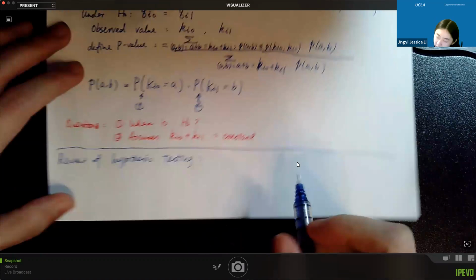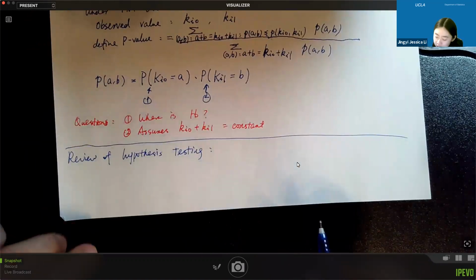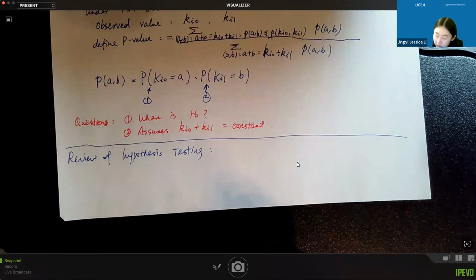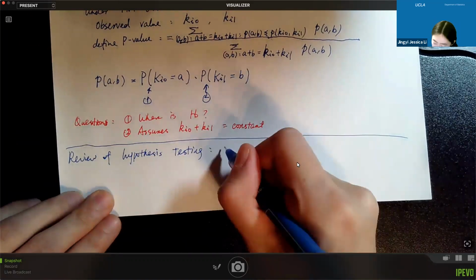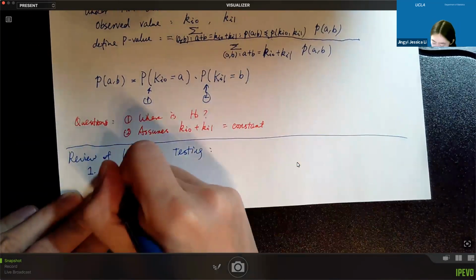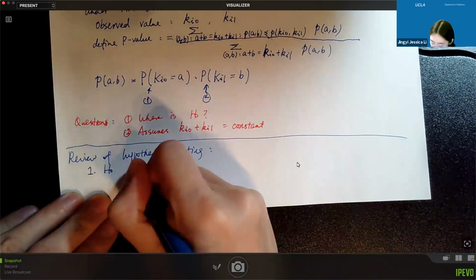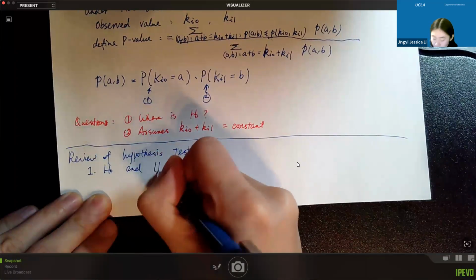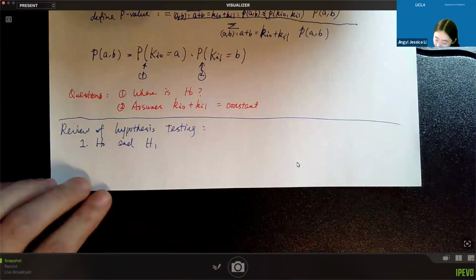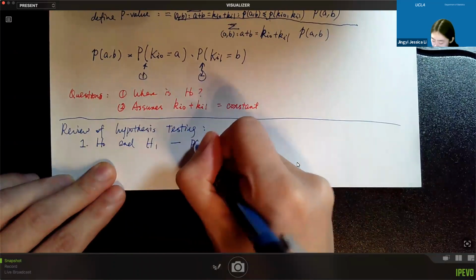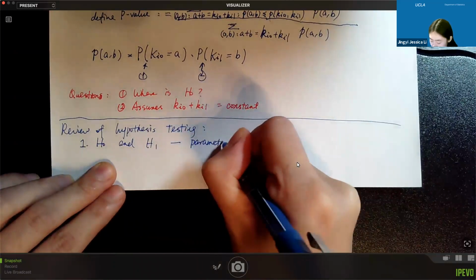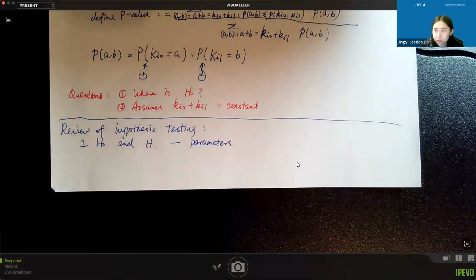So in the review of hypothesis testing, we need 4 components. The first thing we need is the null hypothesis and an alternative hypothesis. We need them to be specified, and they are about some parameters. There are some conditions about the parameters.